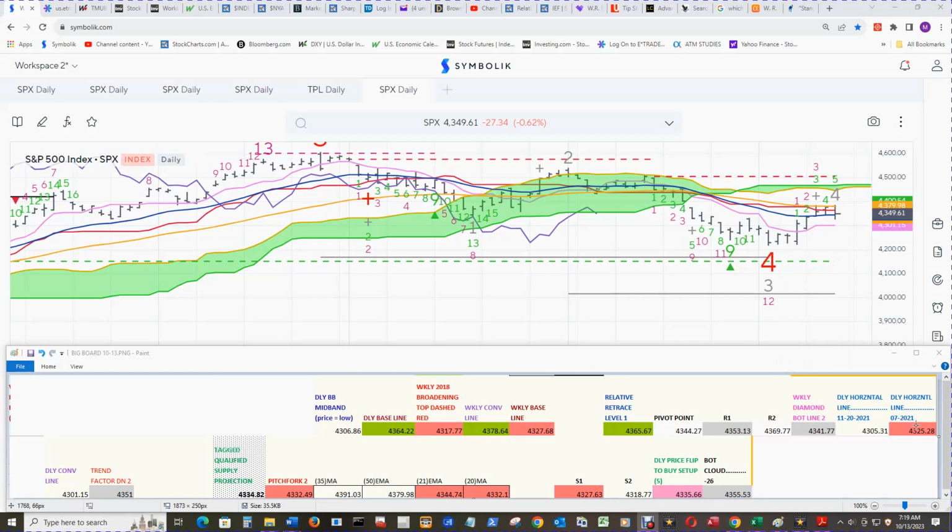And to the downside is the weekly baseline, 43.28. The weekly 2018 broadening top in dashed red, 43.18. The daily horizontal line, 43.25, that signals going back into range 2 on the bottom and coming out of no man's land.